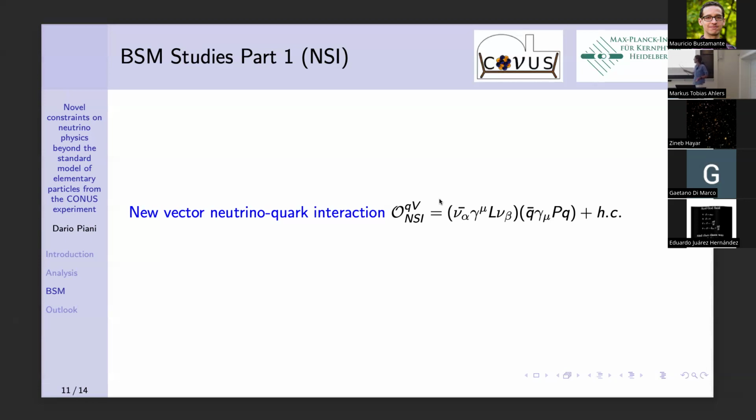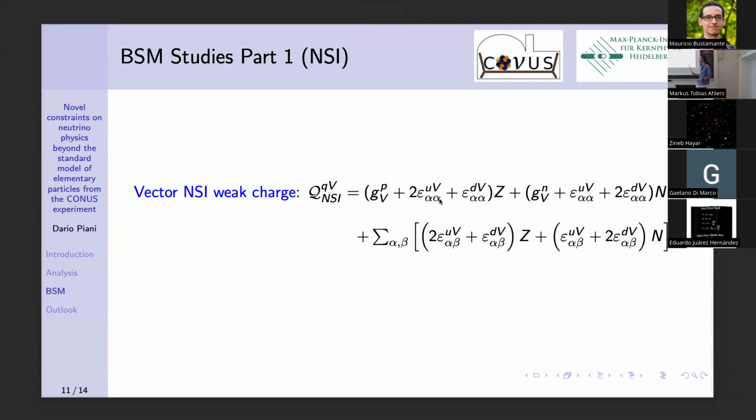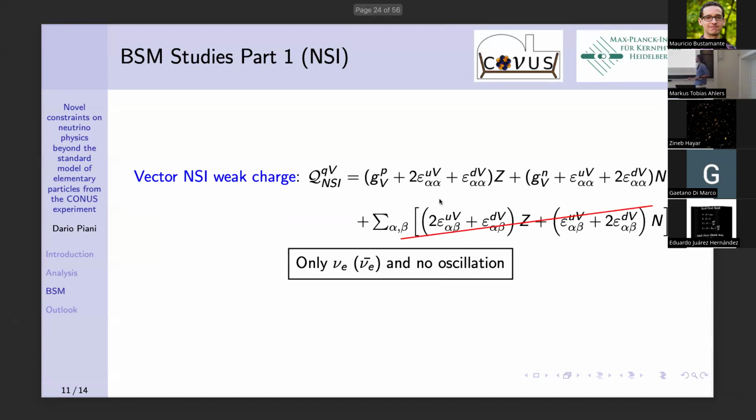Simply put, we add to the standard model Lagrangian an operator which couples neutrinos to quarks, and that modifies the weak nuclear charge. Here, the epsilons are typical NSI parameters, but the second line can fortunately be ignored, or we ignored it, because only electron neutrinos are produced in nuclear reactors, and we assume that there's not enough time in 70 meters for them to oscillate.